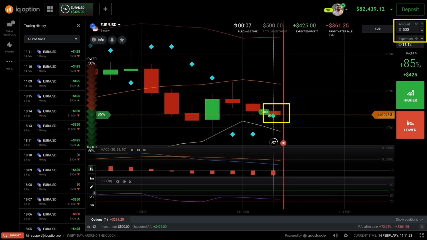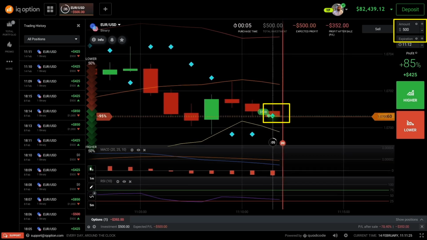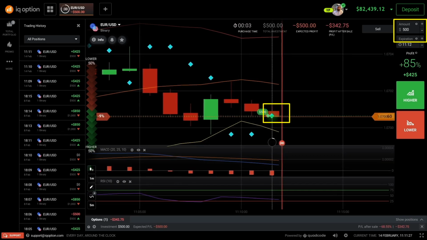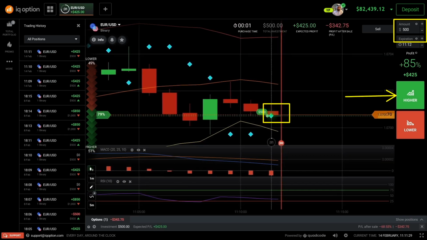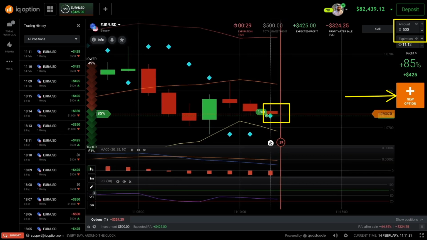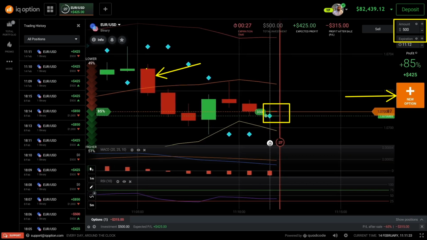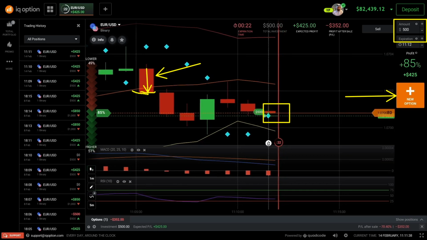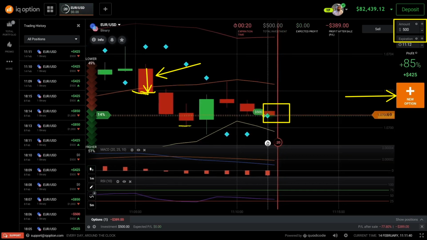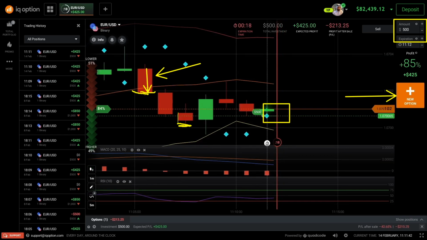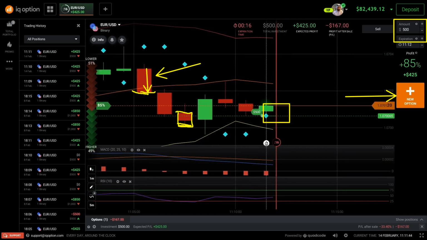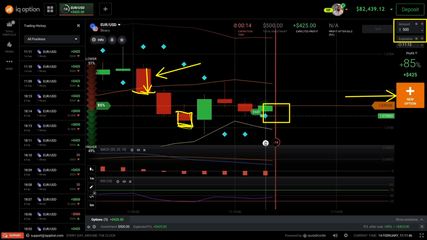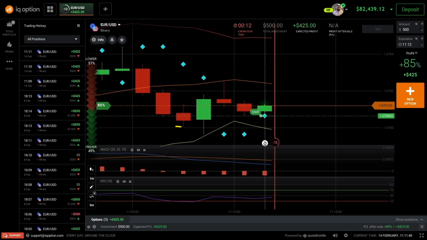It's clear, easy. It's easier if you're opening a long position or a higher position, if you wait for the candle to go down to, for example, this level, because at some moments this candle was all the way down here at this level.